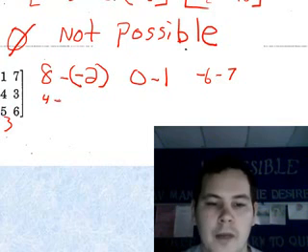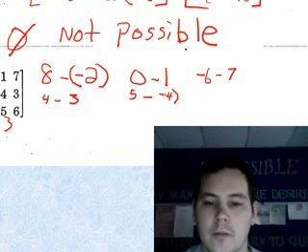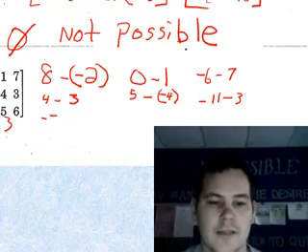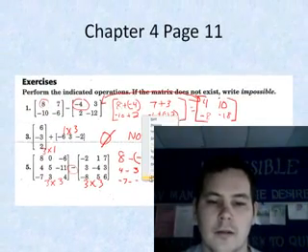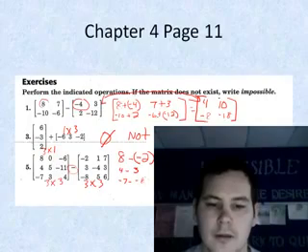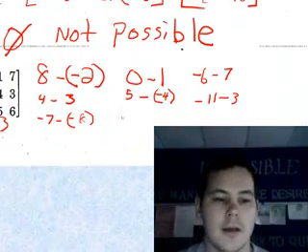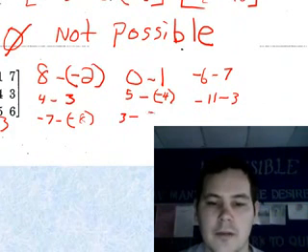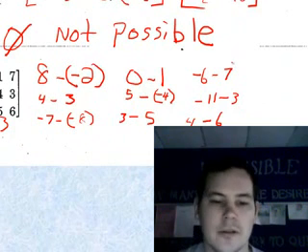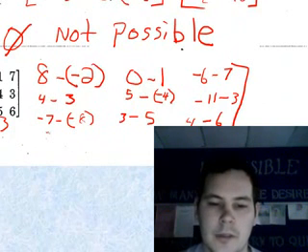I have 4 minus 3, 5 minus a negative 4, negative 11 minus 3, negative 7 minus a negative 8, 3 minus 5, and 4 minus 6. Those are the quantities I have to compute to figure out what my matrix is.